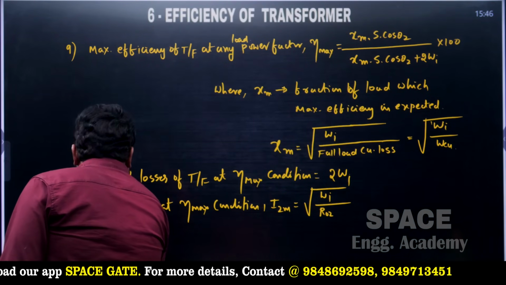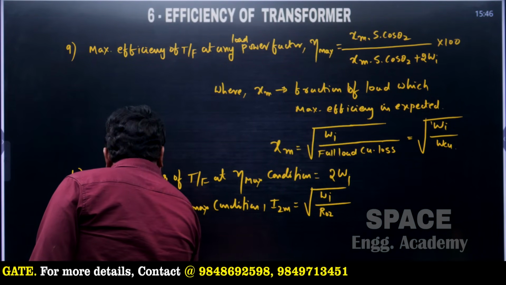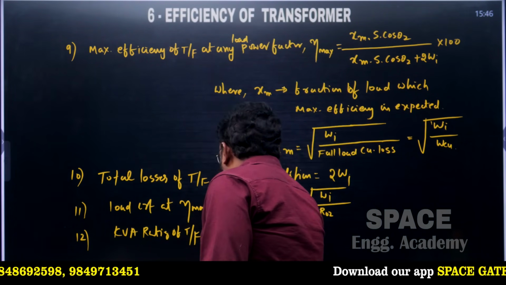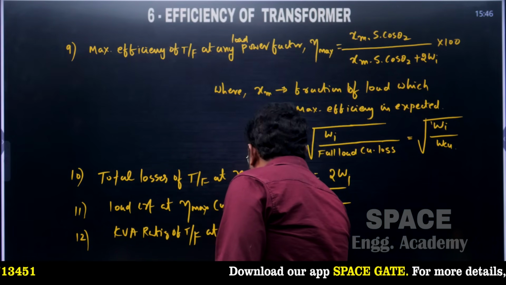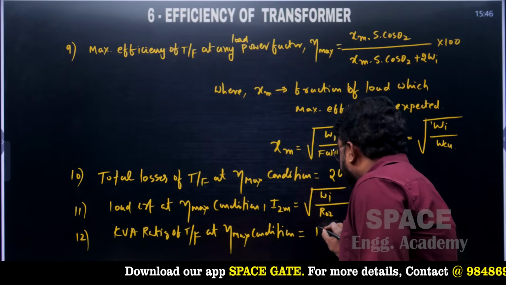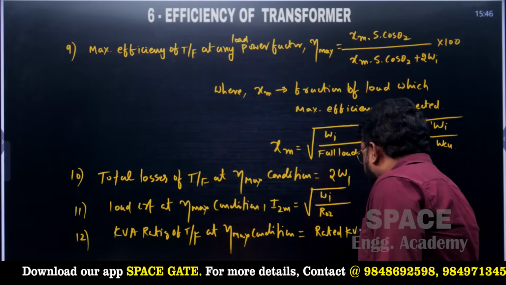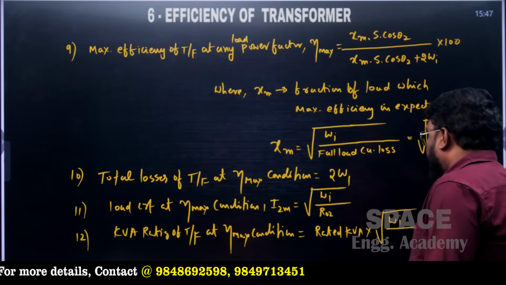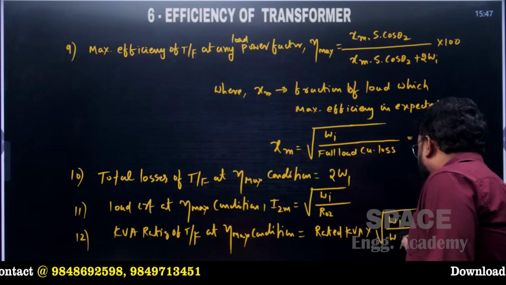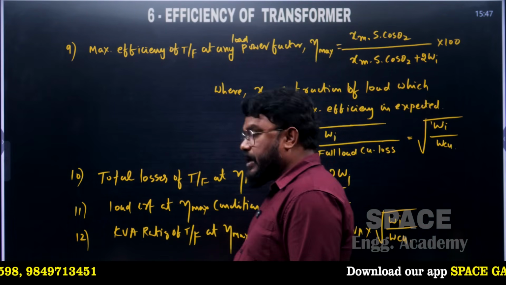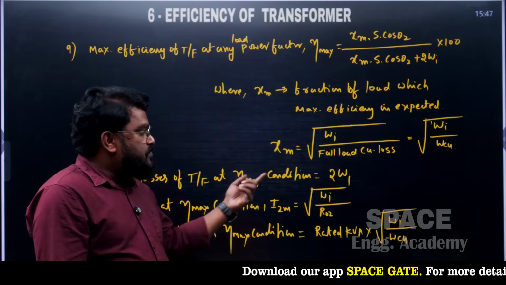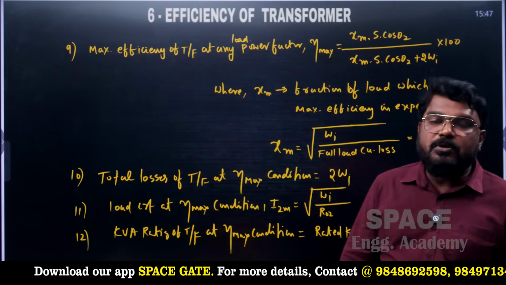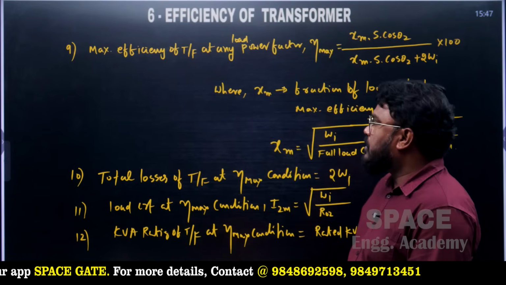The kVA rating of the transformer at which maximum efficiency is expected is equal to the rated kVA mentioned on the nameplate details, multiplied by the square root of iron losses divided by the full load copper losses of the transformer. This is also another possibility of the question from efficiency of transformers.